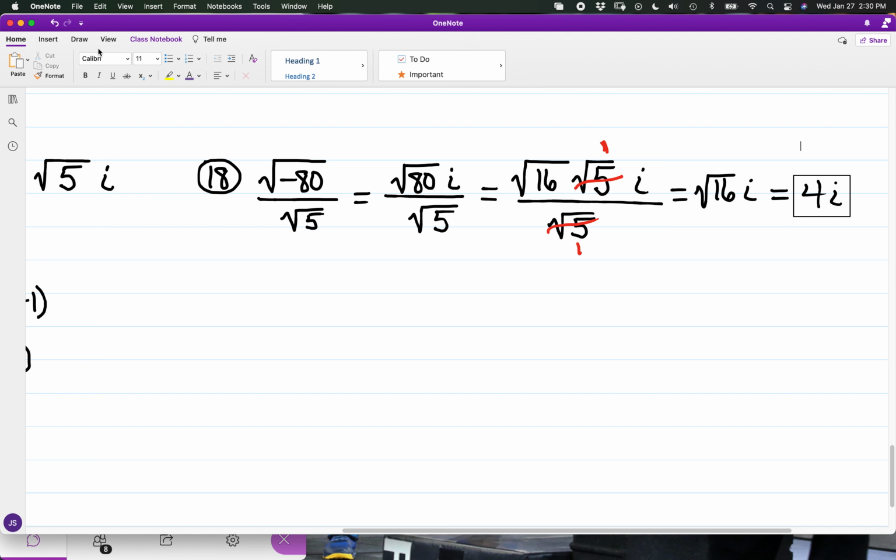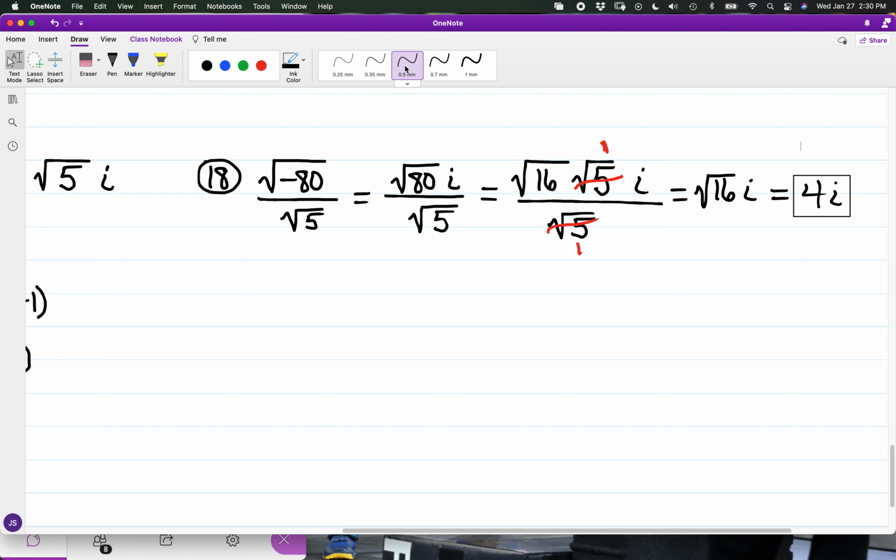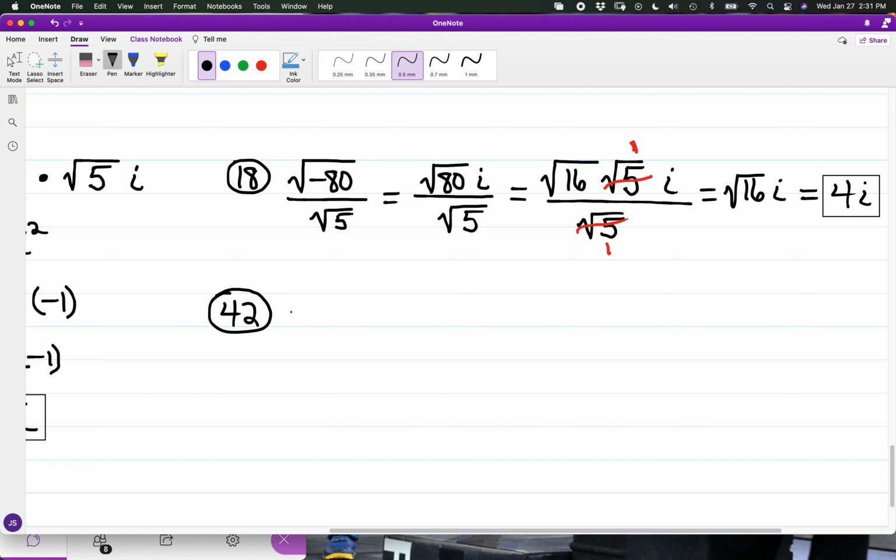Now, looking at what we have with 42 and 50, we're looking at expressing the results in the standard a plus bi form. In 42, we're taking a number that is already in standard form, 10 minus 3i, and squaring it.